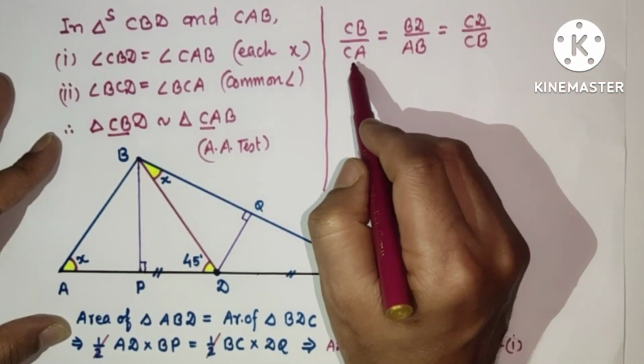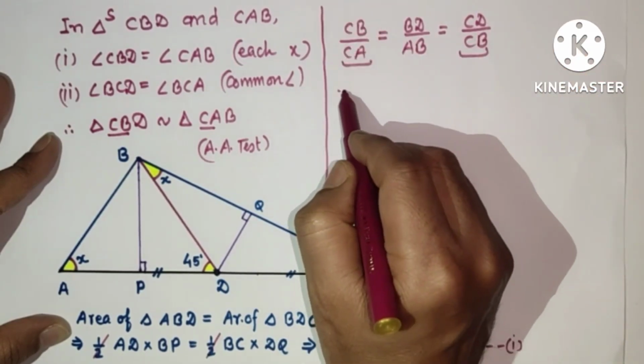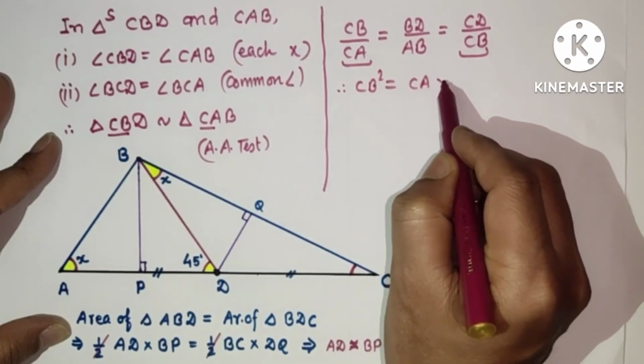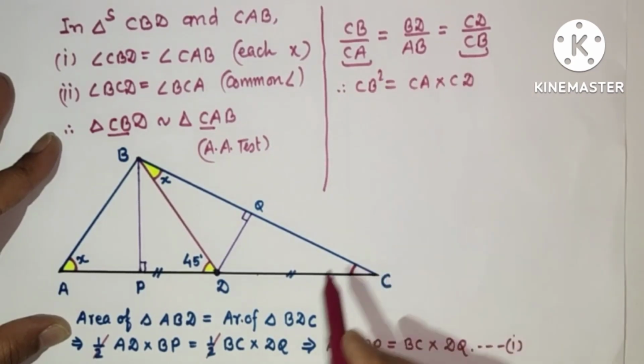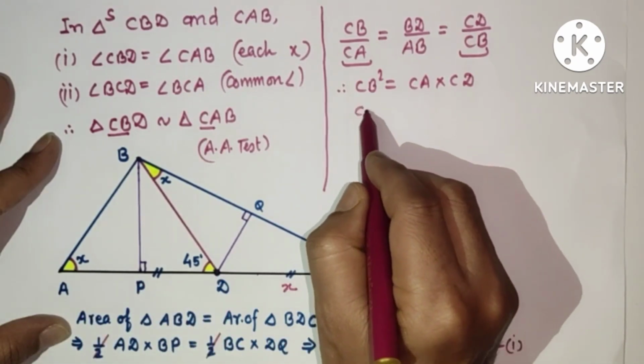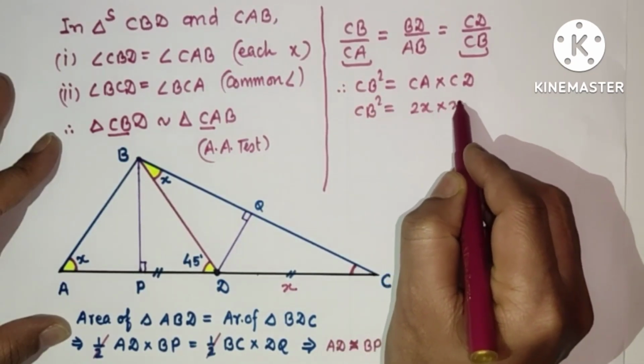So if we take these two relations, CB square is CA into CD. Now if CD is X, since D is the midpoint of AC, then DA will also be X and CA will be 2X.